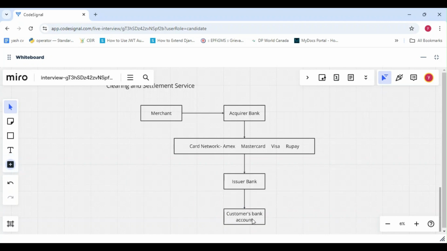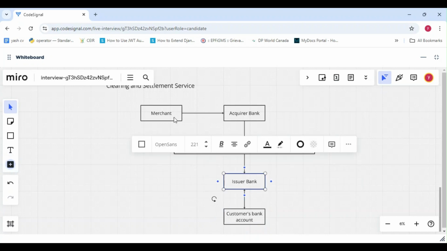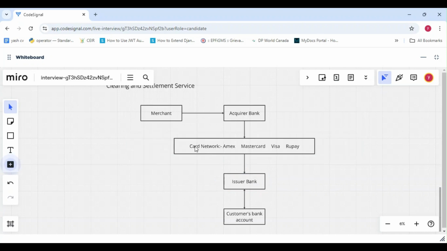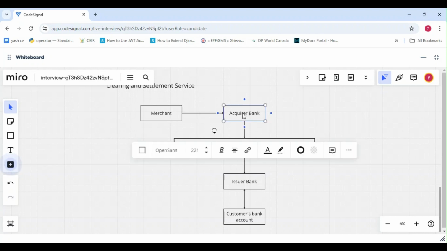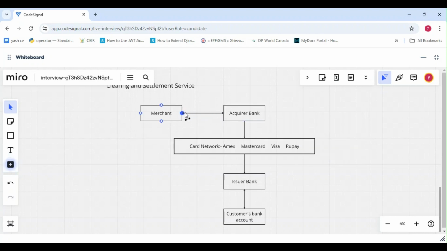So money will be debited from the customer's bank account, and it will send the signal to the issuer bank that money is debited and it should be credited to the merchant account. This card network basically processes the transaction in batches so that money can be credited to the merchant bank account from the acquirer bank.